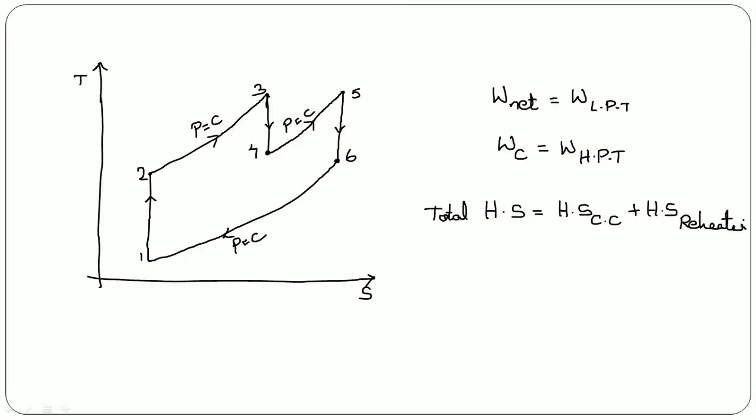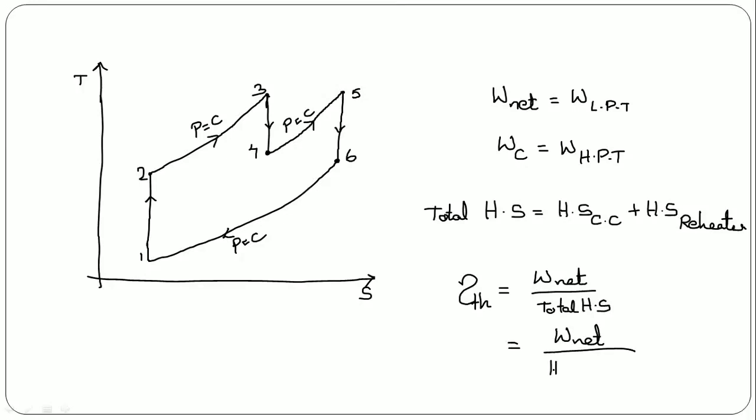So therefore, the thermal efficiency will be net work done by the total heat supplied. So that means net work done by heat supplied in the combustion chamber as well as heat supplied in the reheater we need to consider.